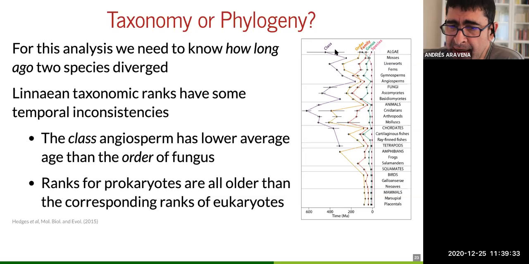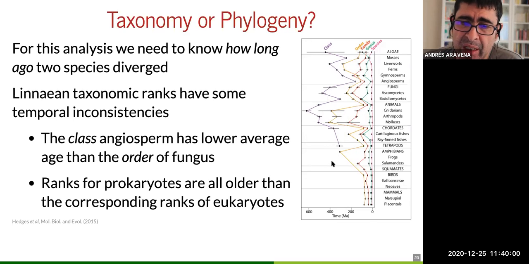So classes separated between 600 million years ago and 100 million years ago in different parts. And you have something like here, that you find that in some cases, families separated before genus, when you look at the genomic data, and you have this horizontal bar as the margin of error.